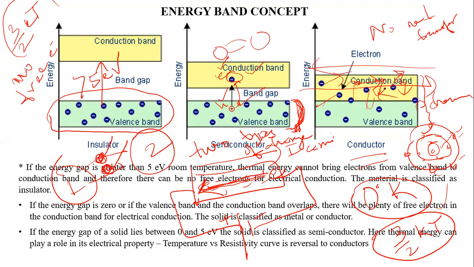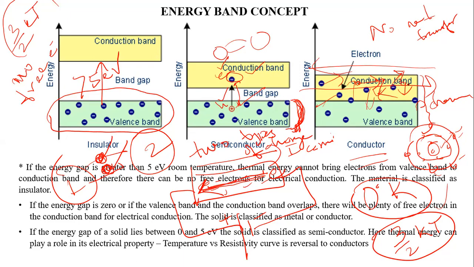there are always plenty of free electrons because not all the valence electrons contribute to chemical bonding. So the valence electrons contributing to chemical bonding lie in what is called the valence band, but those which are not contributing to the chemical bonding become free electrons. They lie in what is called the conduction band here. And these free electrons can contribute to electricity.